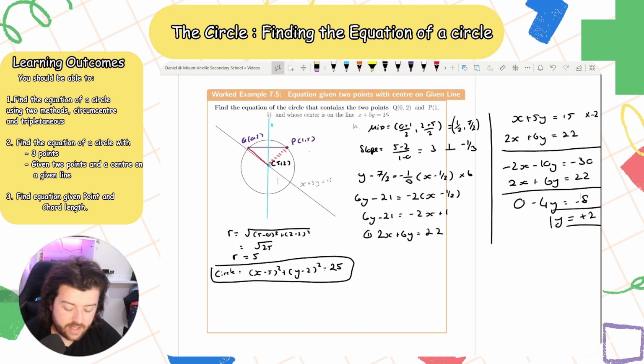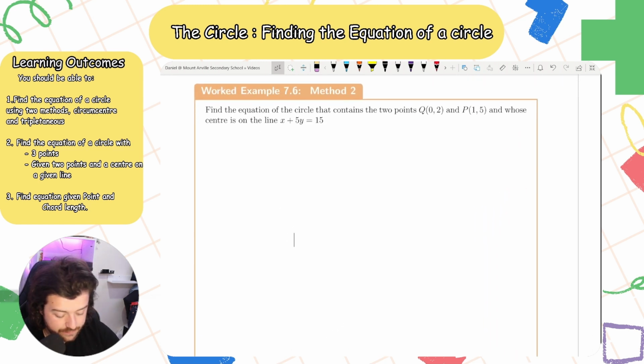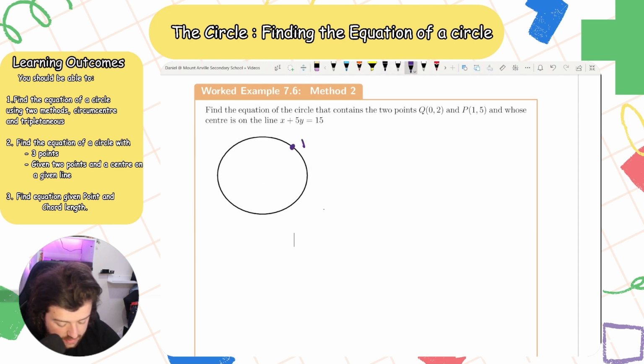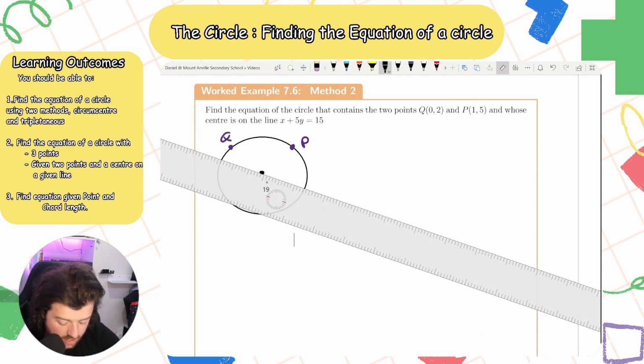Right, so then let's finally do it simultaneously. So again, let's draw my sketch here. There's my sketch. Here's my 2 points, P and Q. And then this is my center point. And then I know the center lies on the line x plus 5y equals 15.